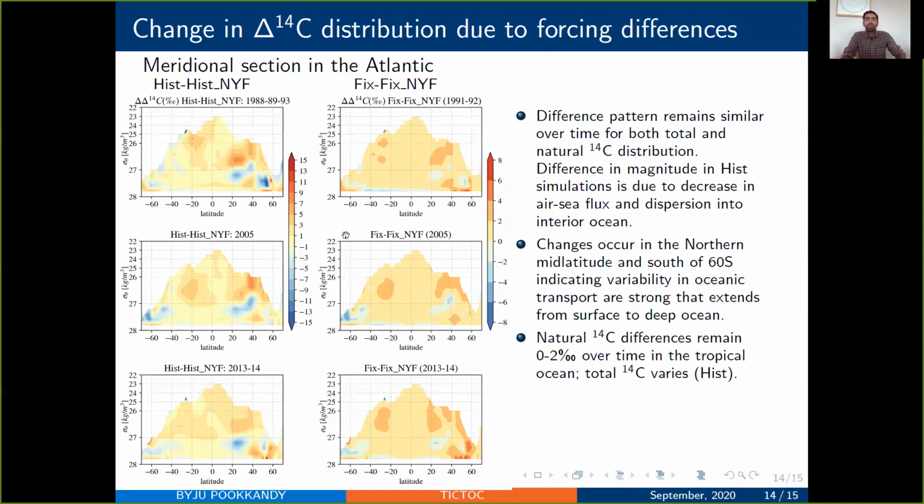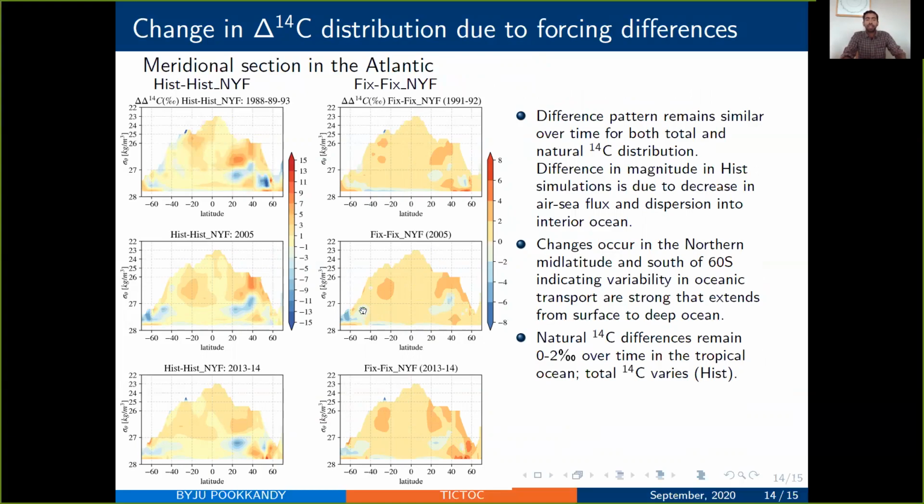Also, the change in total and natural C14 distribution due to forcing differences in the Atlantic is weak compared to the Pacific. Compared to the Pacific, the 26 to 27 isopycnal changes are not quite prominent in the Atlantic region. However, it is mostly prominent in the northern mid-latitude and extends from the surface to the deep ocean.